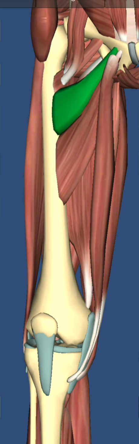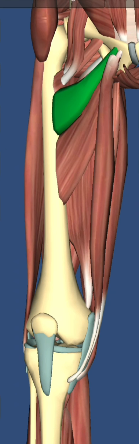Its function is that it actually adducts the thigh. It adducts the thigh and also flexes it.